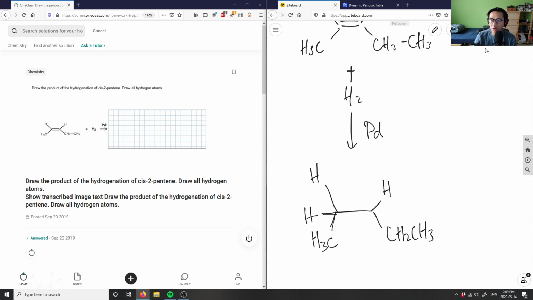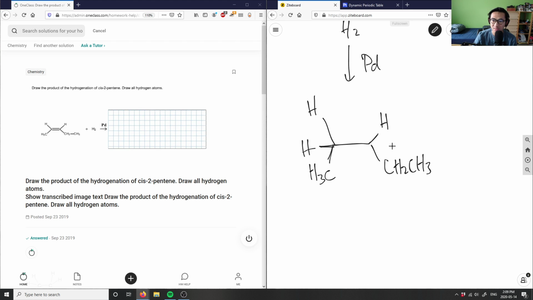Or if I were to draw it nicer, I would just get rid of these hydrogens. Oh, sorry, there's a hydrogen here. And I'm going to do 1, 2, 3, so I would have 1, 2, 3, 4, 5. It would actually just be a pentane that looks like this. So this here is a much better drawing than this guy here, because this doesn't represent the geometry of this problem here. So it just becomes pentane if I hydrogenate cis-2-pentene.